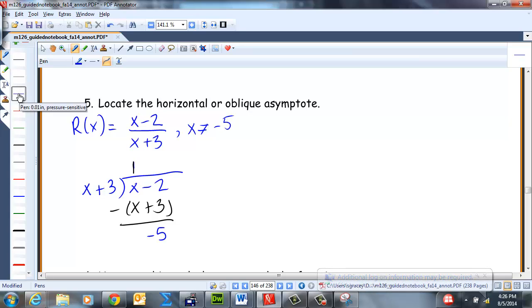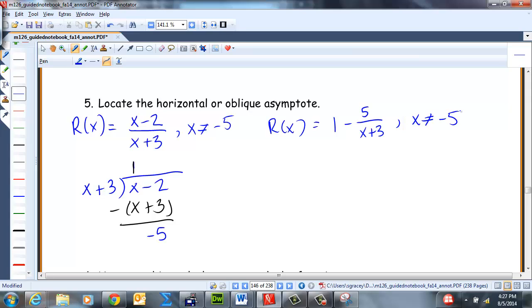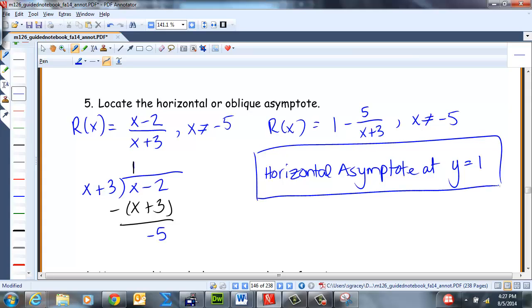So what we have found is that r of x can be written as 1 minus 5 over x plus 3. Again, we have to exclude negative 5. So that means we have a horizontal asymptote at y equals 1.